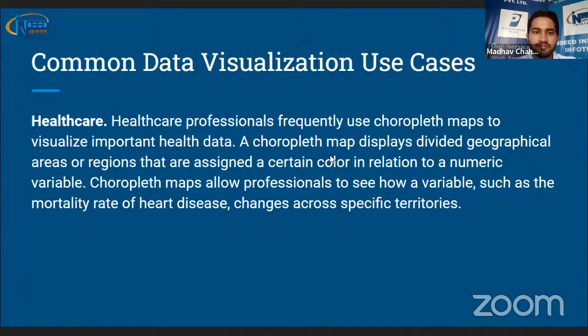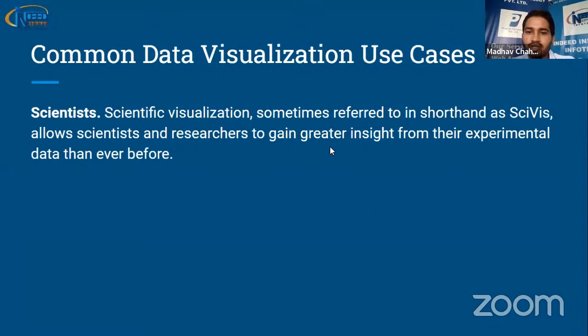Then we have scientists. Scientists also use data visualization. In scientific research, we get greater insights from data which was invented or collected before, what insights were taken from it, and what research was done on that data.